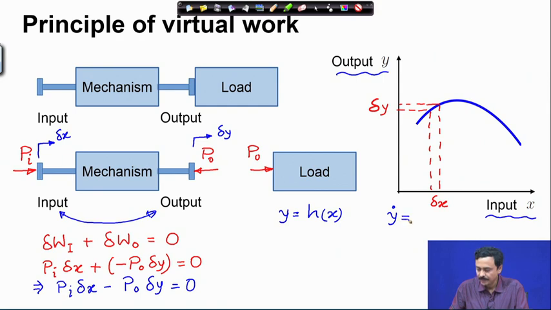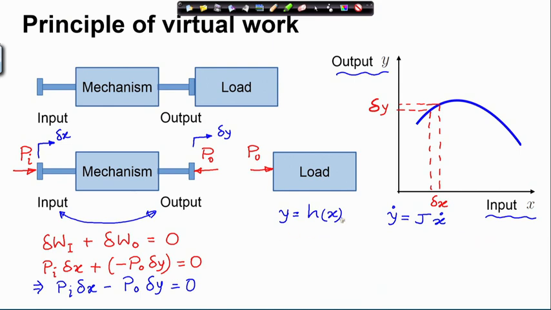Y dot is some Jacobian times x dot. Now, you can very easily relate this by differentiating this displacement relation with respect to time, and that is what we have done.